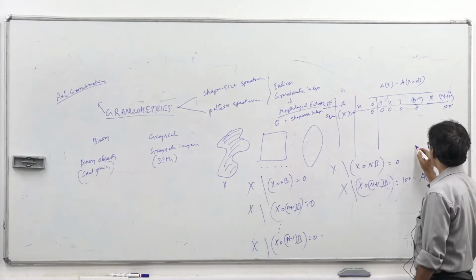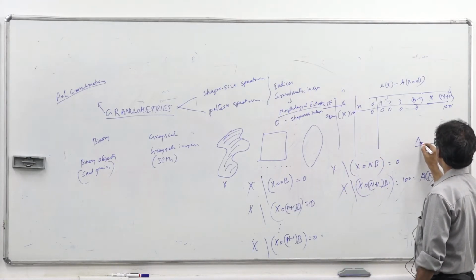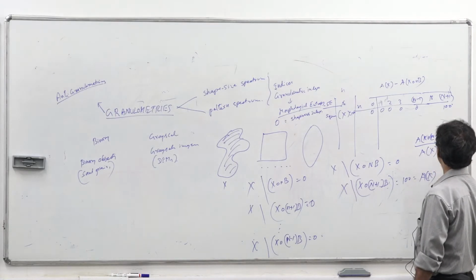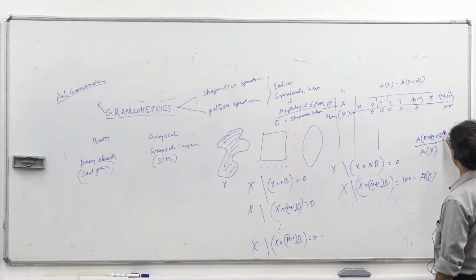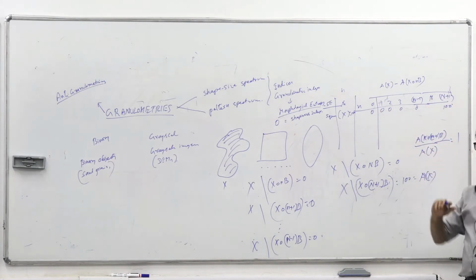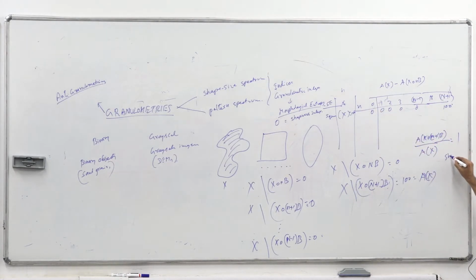So then the computation is area of X opened by n plus 1th size B divided by area of X. If it is 1 and you say B and X are homothetic to each other, you lost all information at one cycle, but you didn't lose any information at these levels. This is also called shapeliness index.